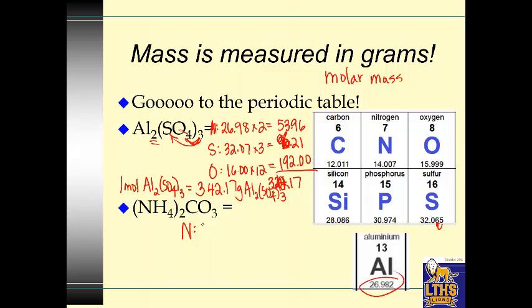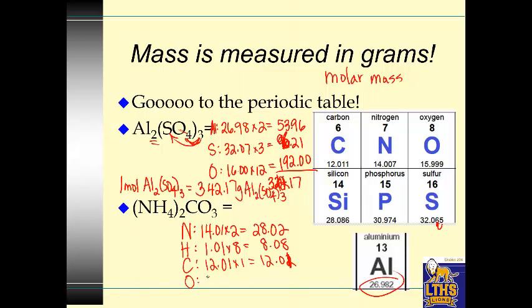So we have nitrogen is 14.01 times 2, 28.02. And then hydrogen, be careful. Hydrogen is 1.01. You round up to 2 decimal places. And then 4 times 2 is 8 hydrogens. So we have 8.08. Carbon in this is 12.01 times 1. And then oxygen, 16.00, times 3. So we have 48.